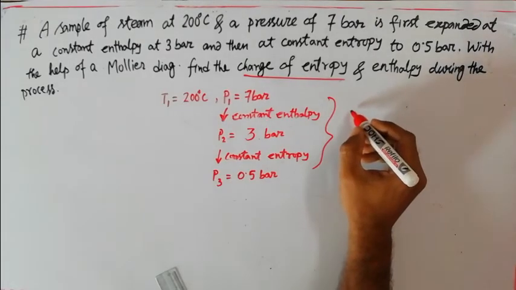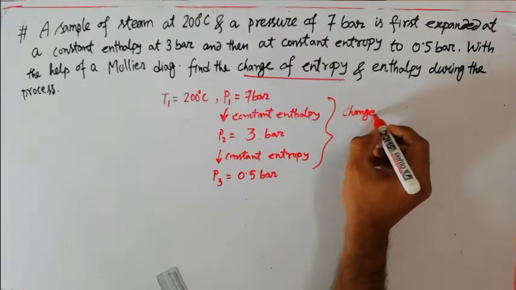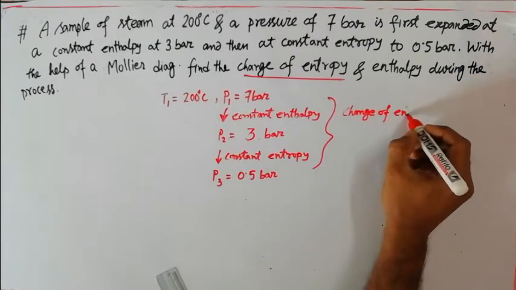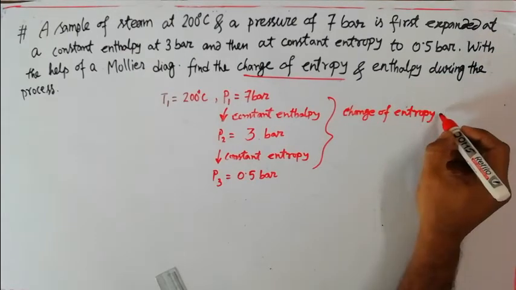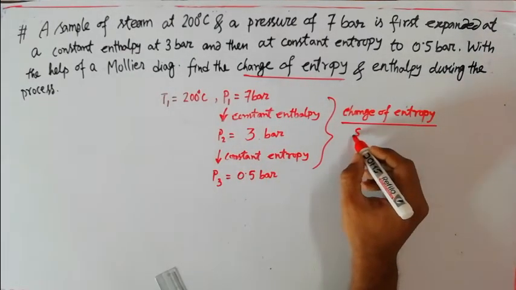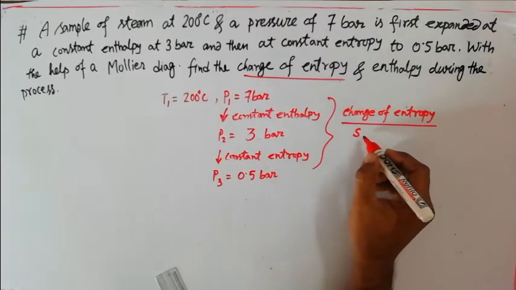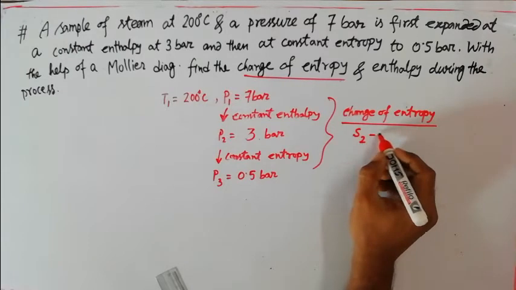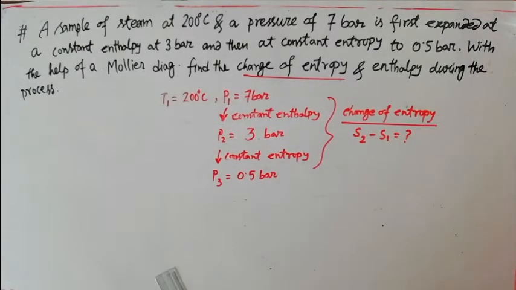So I can say that the change of entropy is S2 minus S1, that I have to find out.